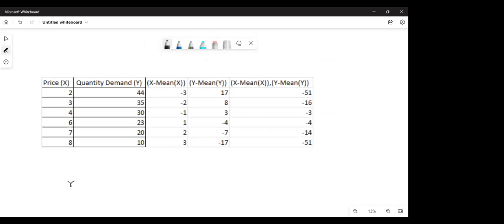R say, what is the formula for R? Correct?